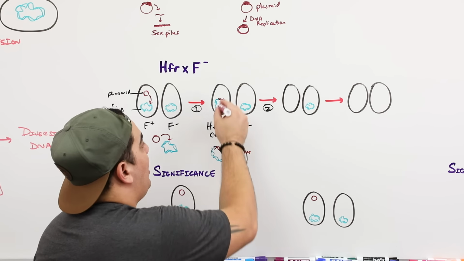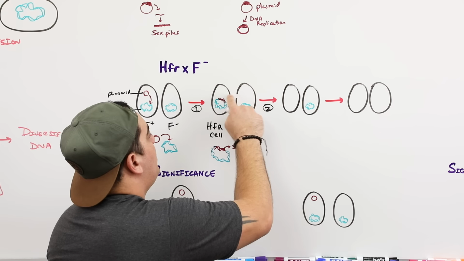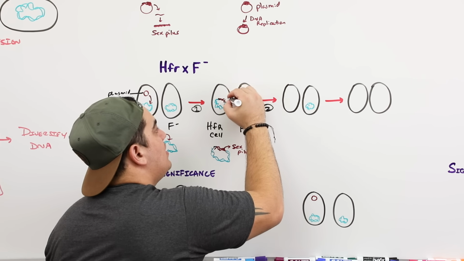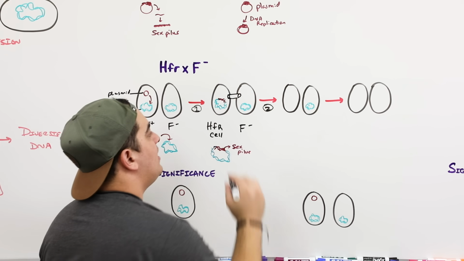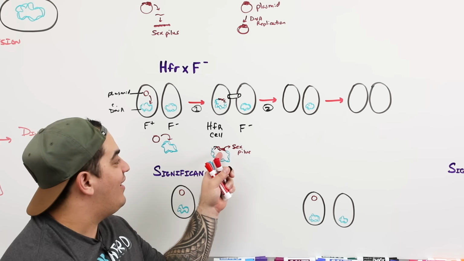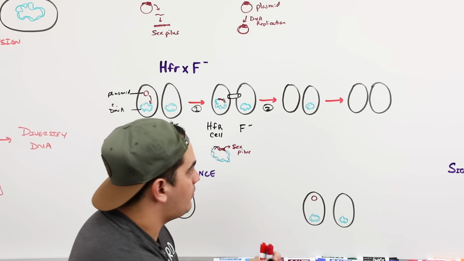If it decides to make proteins, that'll actually lead to a nice tube connecting the HFR cell, or the high frequency recombination cell, to the F- cell. It'll do that via the formation of a sex pilus via the genes on the plasmid that's incorporated into that DNA.